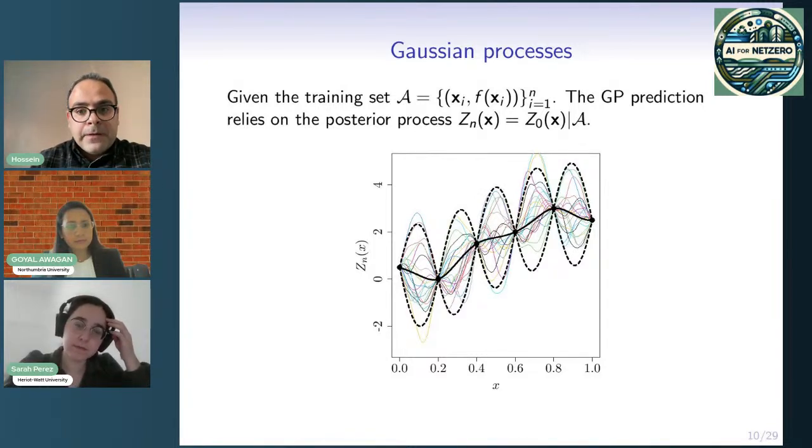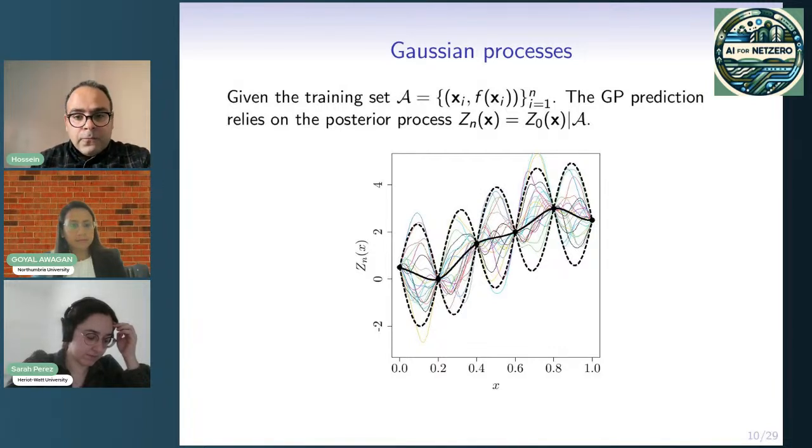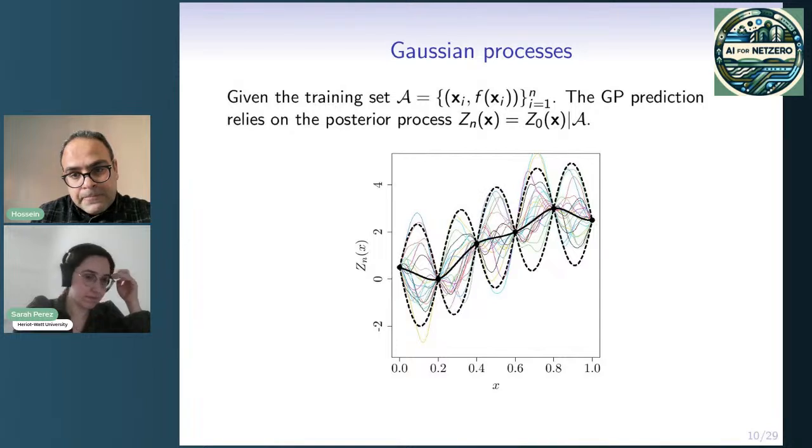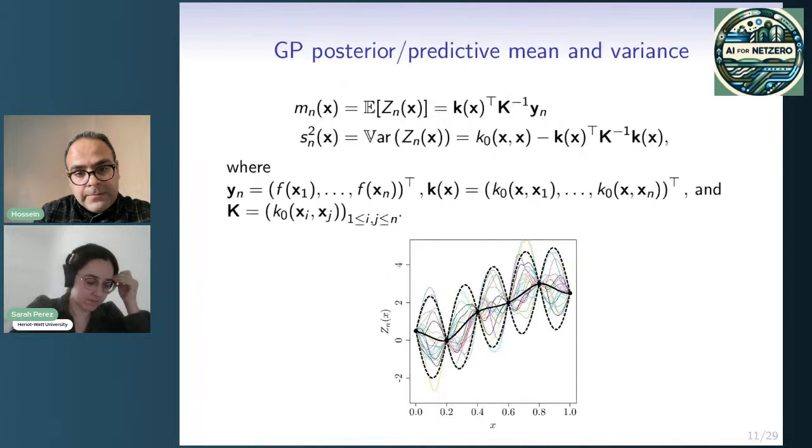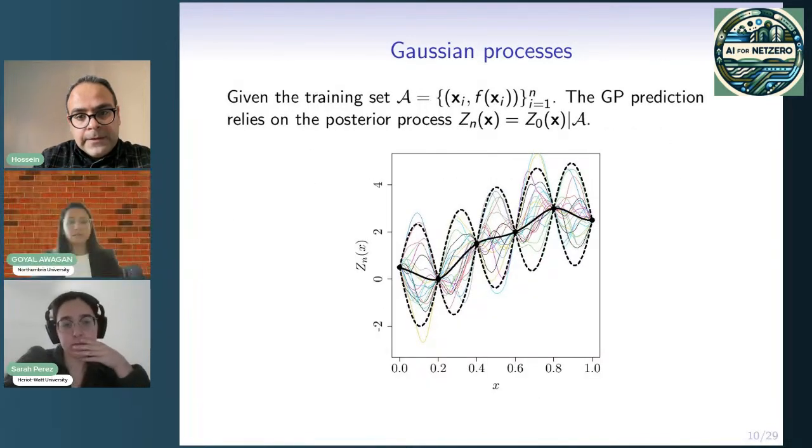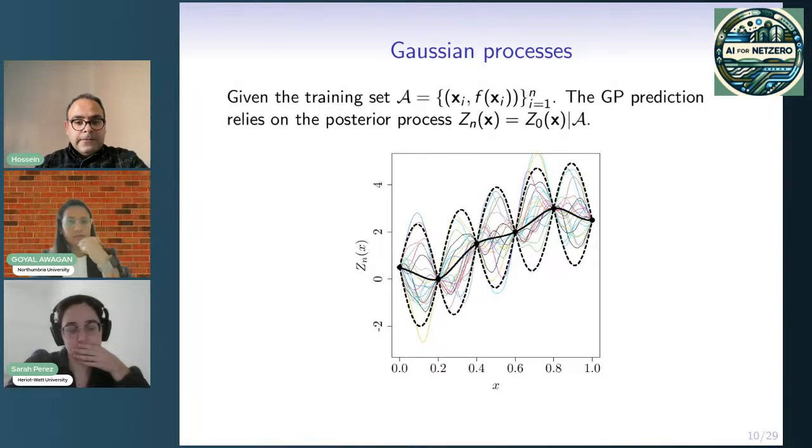I denote by Z of x the posterior distribution of Z naught conditional on the training set A. The prediction, which is this thick line, is obtained by taking the mean of this conditional process, and the corresponding predictive variance is again the posterior variance of this conditional distribution.